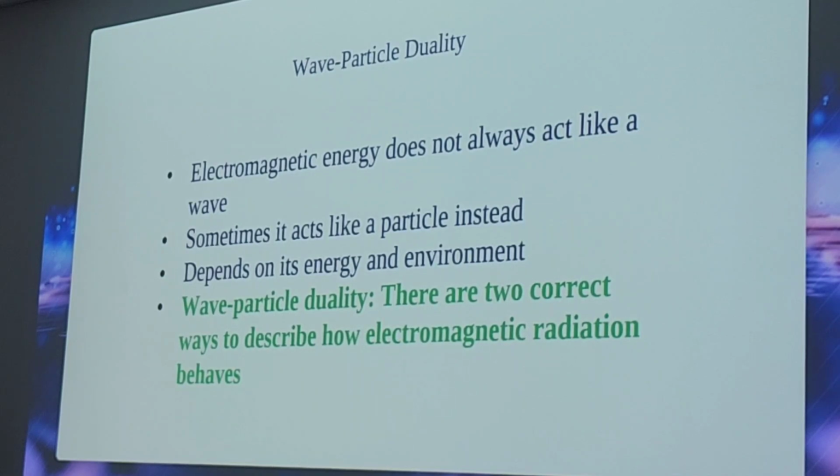Sorry, my throat is sore. So we know that any matter is made up of tiny individual particles called atoms, right? So even with light or electromagnetic radiation, they still have tiny little particles.